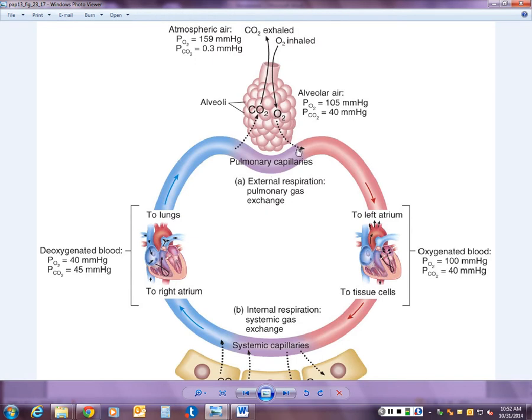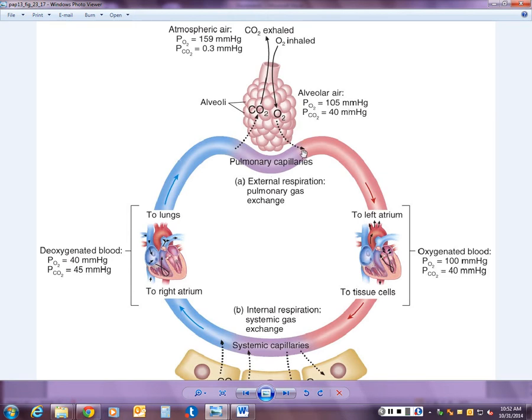So according to the first part of Dalton's law, we need to have a higher partial pressure of oxygen within the alveolus and a lower partial pressure of oxygen within the blood, and therefore oxygen will move from where the partial pressure is higher to where the partial pressure is lower, and it will diffuse from the alveolus and into blood. Like I said, the numbers just confirm that for you. Take a look here at the partial pressure of oxygen within the alveolar air. It's roughly 105 millimeters of mercury.